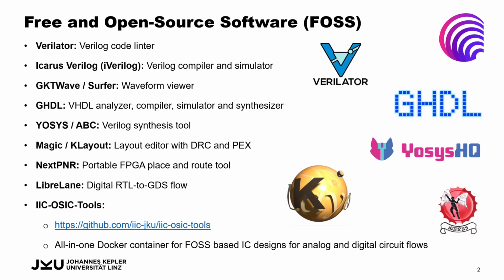All these tools are integrated into this IIC-OSIC-TOOLS Docker container. This is an all-in-one Docker container for free and open source software-based IC design, not only for digital, but also for analog circuits and of course analog mixed-signal designs. But as I said before, in this tutorial, we will focus on the digital design flow.